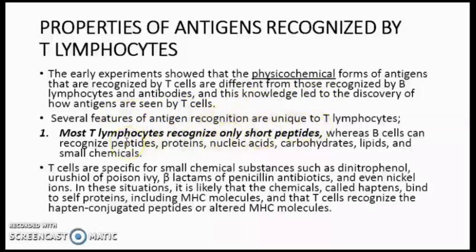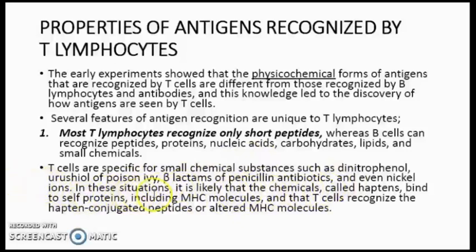Number one, most T lymphocytes recognize only short peptides, whereas B cells can recognize peptides, proteins, nucleic acids, carbohydrates, lipids, and small chemicals. T cells are also specific for small chemicals, substances such as dinitrophenol, urushiol of poison ivy, beta-lactams of penicillin antibiotics, and even nickel ions.